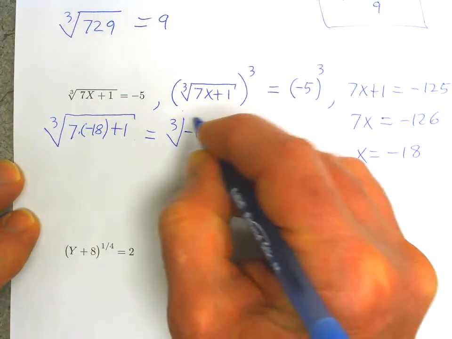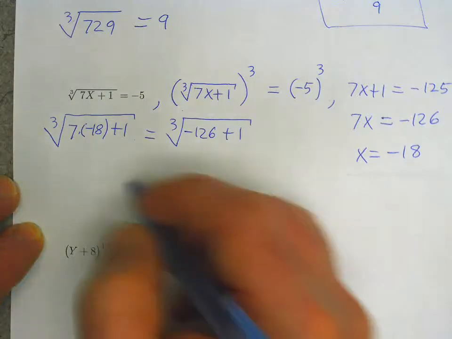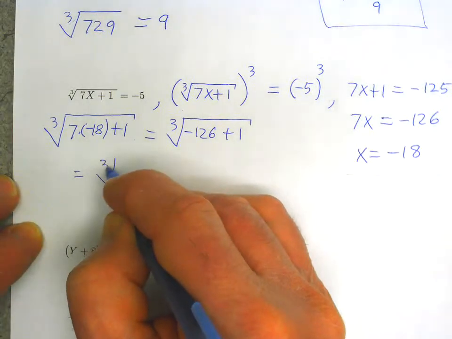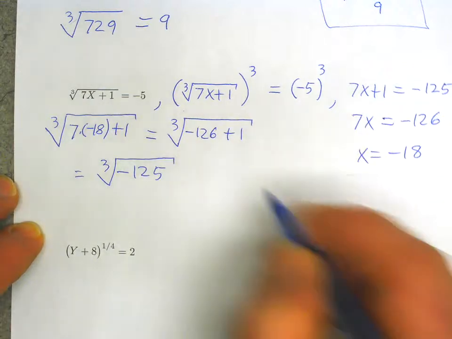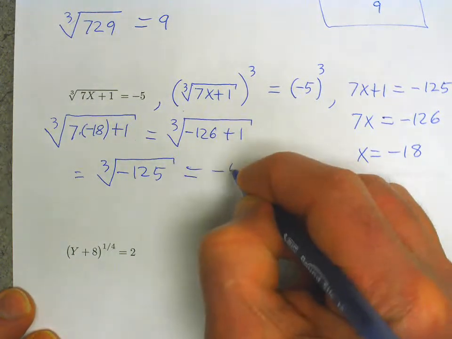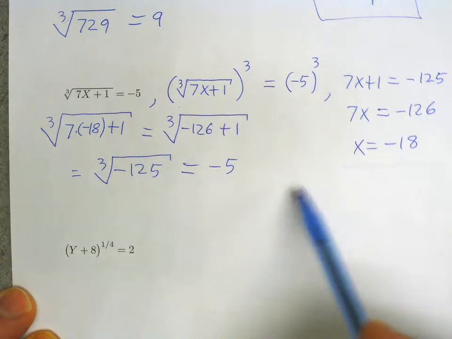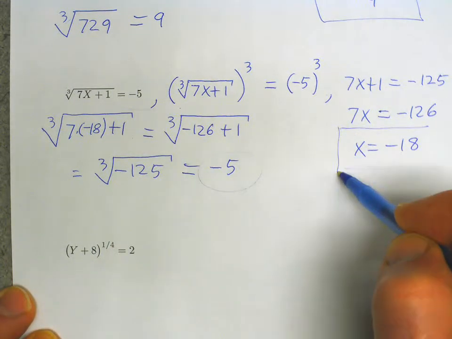So on the inside, we have the cube root of negative 126 plus 1, and that's the cube root of negative 125. We know that the cube root of negative 125 is negative 5, and that is equal to what it's supposed to be equal to. So this equation has one solution.